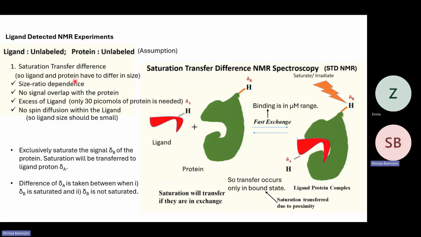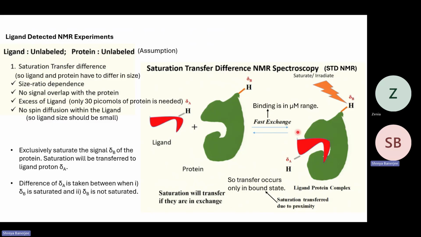And we talked about size difference. Generally, proteins are always much larger size than ligands. So since the ligand is small enough, there is no spin diffusion in the ligand. So you have the ligand and you have the protein. They reversibly form a protein ligand complex. And we are assuming binding in the micromolar range.